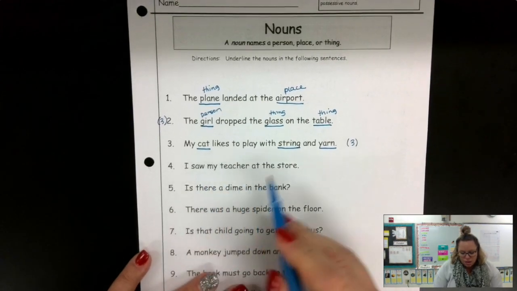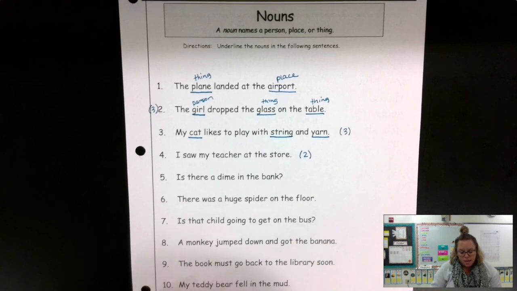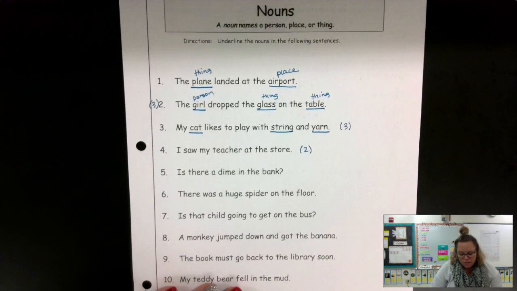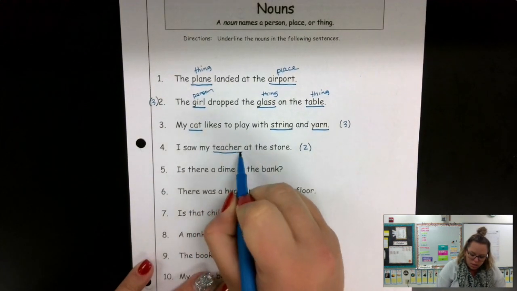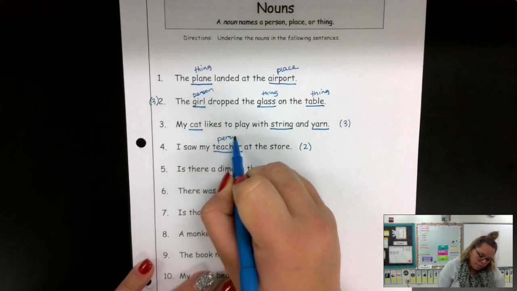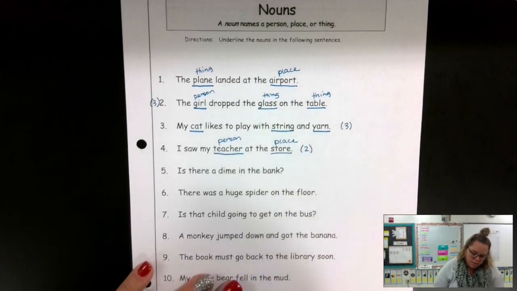Number 4, I saw my teacher at the store. There are 2 nouns in that sentence. I saw my teacher at the store. Teacher, that's a person. At the store, that's a place.